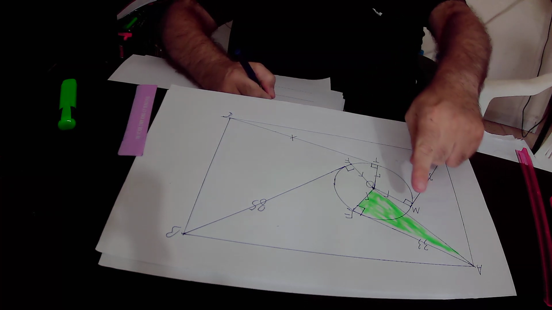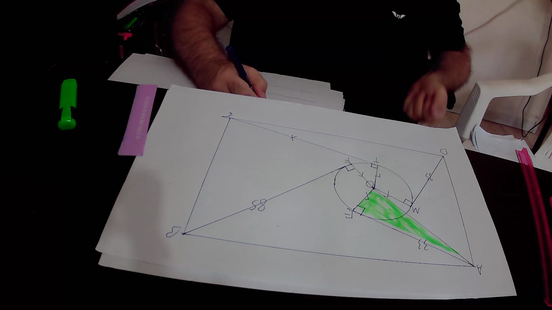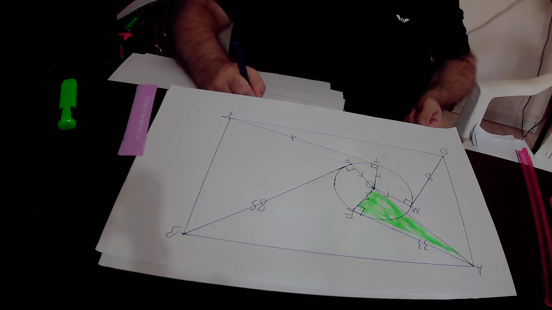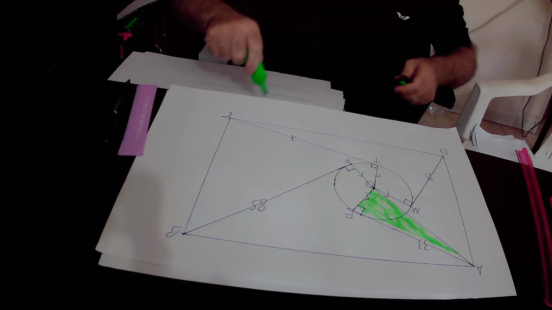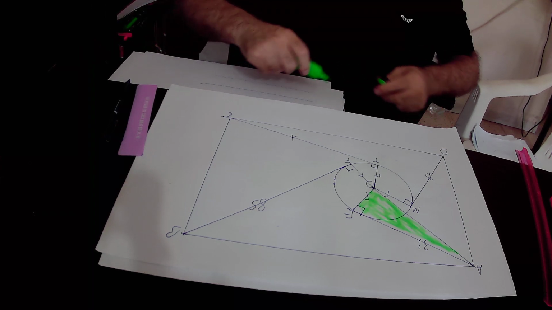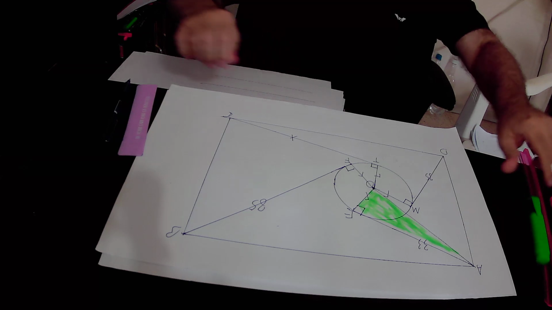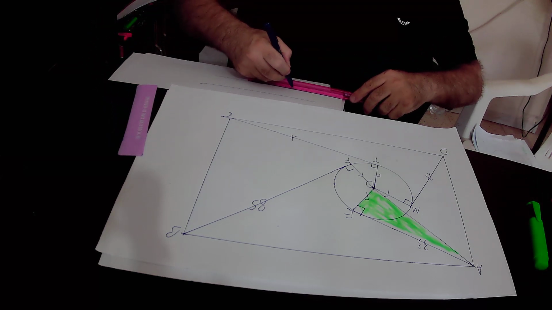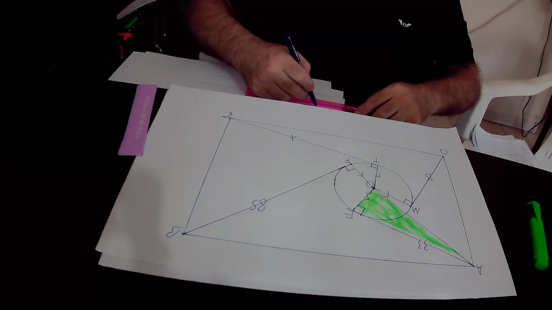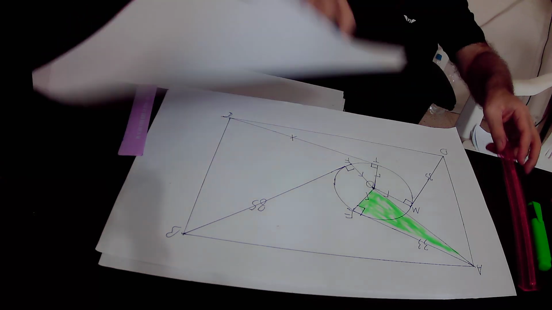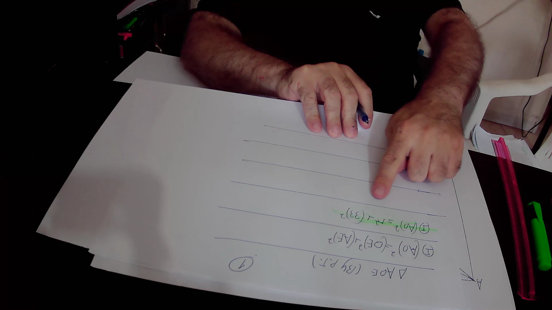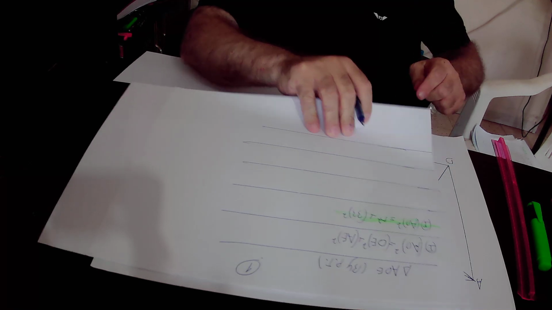AE equals 33 units, therefore AE square is 33 square. So in conclusion, according to equation number 1, we found out that AO square equals R square plus 33 square.